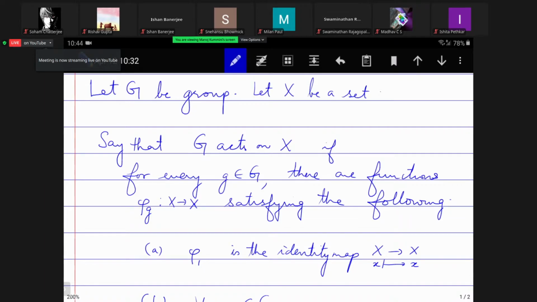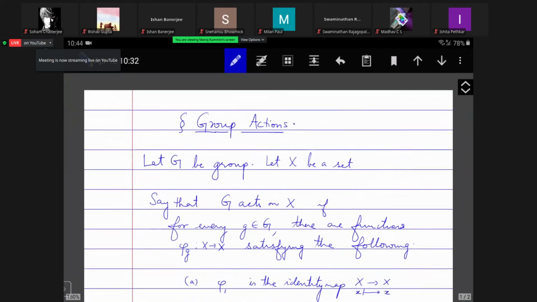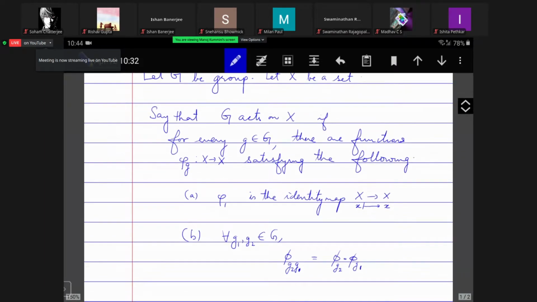In other words, every G in G corresponds to a bijection of X to itself in some compatible way. Phi of 1 is 1 and phi of a product is the composition of the products. It is actually a bijection. But we saw earlier that bijections are exactly permutations. Bijection is another word for permutation, right?